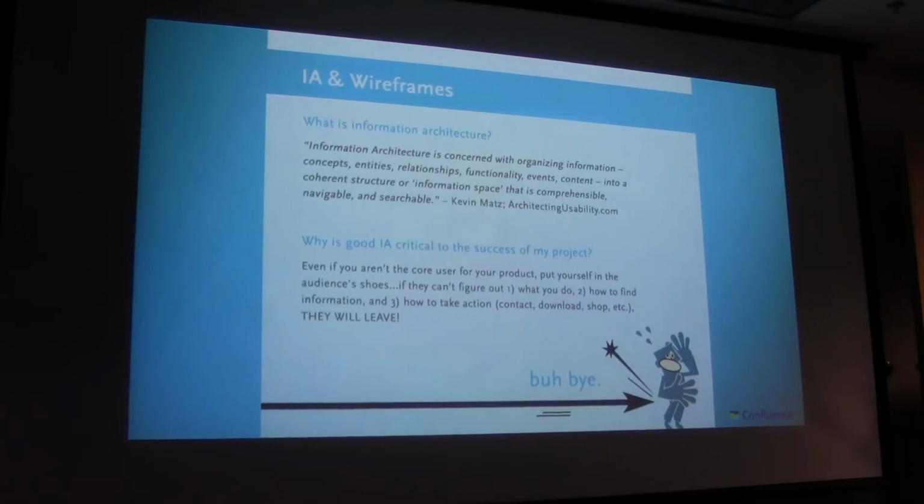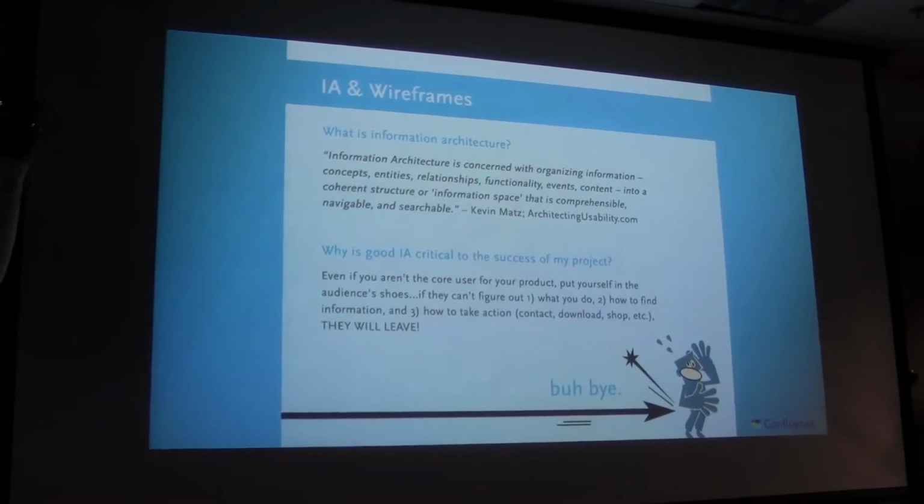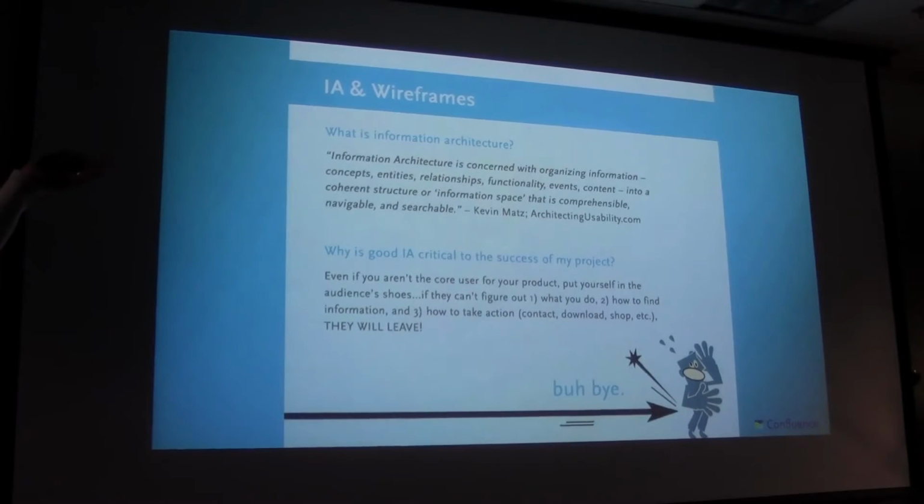So what is information architecture? IA, information architecture. And I couldn't write a better description than Kevin Matt, so I just always use this one, but I just always make sure I credit him. So IA is concerned with organizing information, concepts, entities, relationships, functionality, events, content into a coherent structure or information space that is comprehensible, navigable, and searchable.